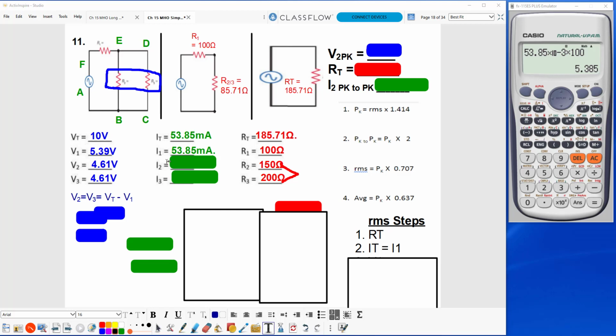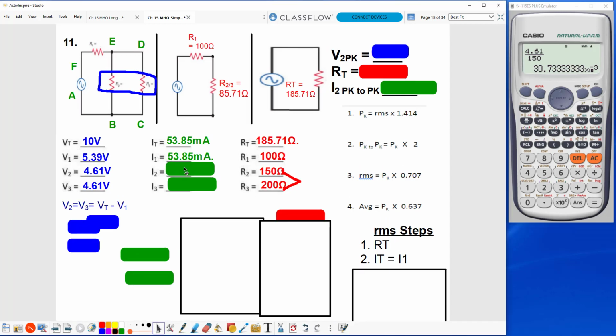All right, now we've got 2 out of 3 for I2, so we can solve for that. 4.61 divided by 150 ohms gives me 30.73 milliamps. And for I3, it's going to be 4.61 divided by 200, giving me 23.05 milliamps.